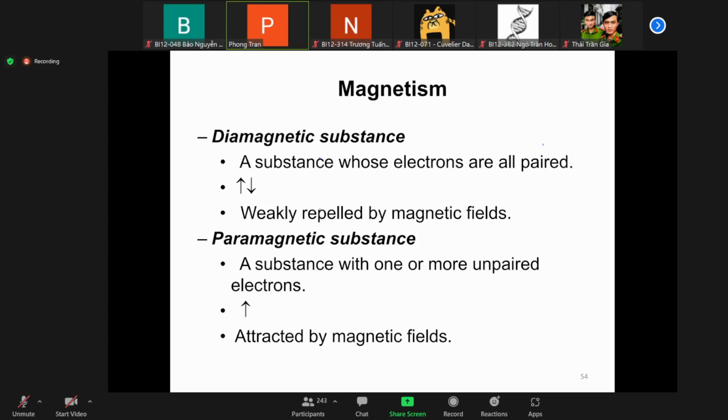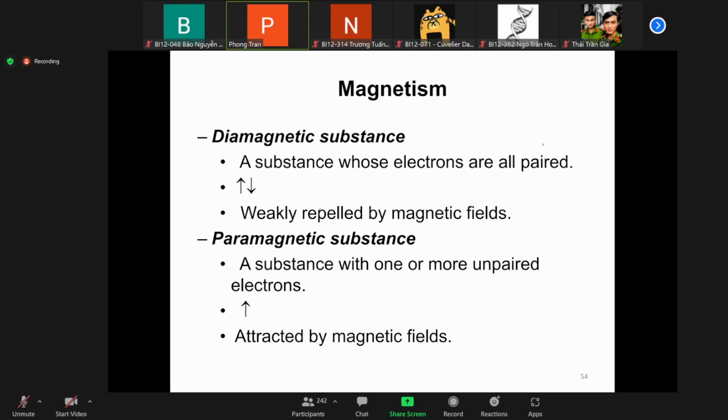In the other case, you have a paramagnetic substance. That means a substance with one or more unpaired electrons, so the total spin of this compound is different than 0. Because it has unpaired electrons with a spin different than 0, it is attracted by the magnetic field.